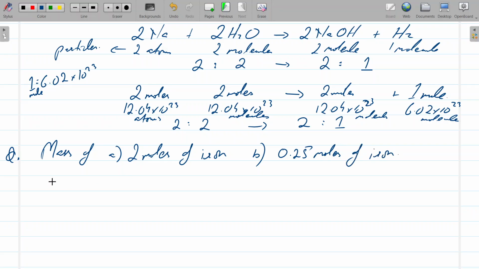And so we need the relative atomic mass of iron. Ar of Fe is 56, I believe. Yes, 56. And so we take that in mass, so 1 mole is 56 grams. The mass of 1 mole is 56 grams.